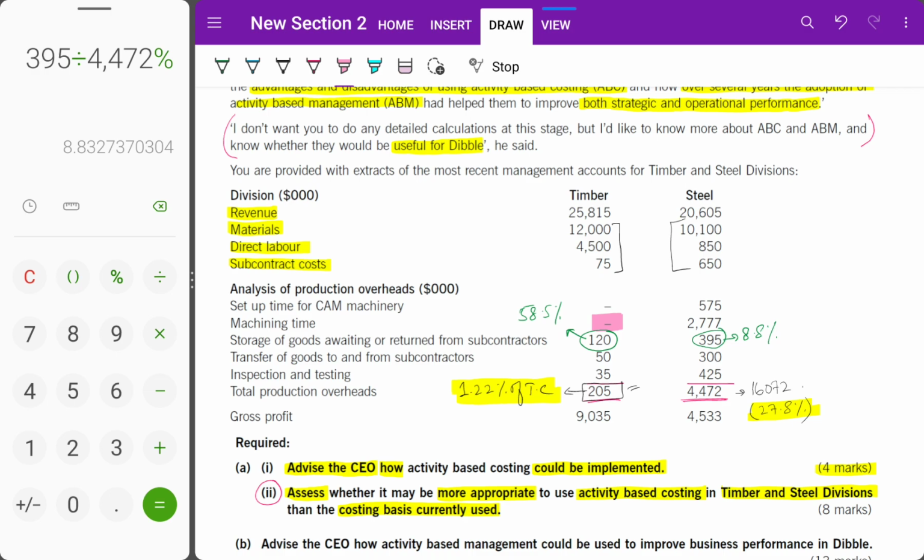So how can you do that? See, if not machine hours, then what? Let's try to analyze what this division is doing. Storage of goods awaiting and return from the subcontractor, transfer of goods to and from subcontractor, inspection and testing. So mostly things are related with storage of goods.